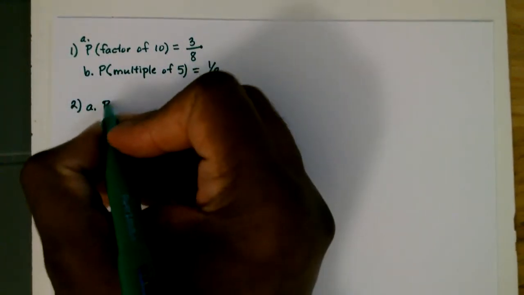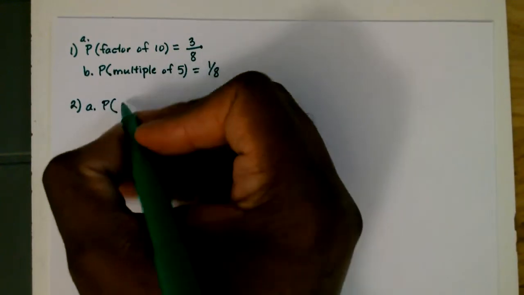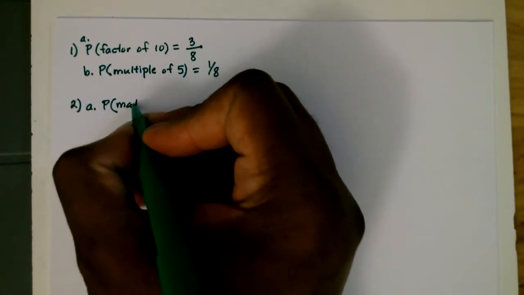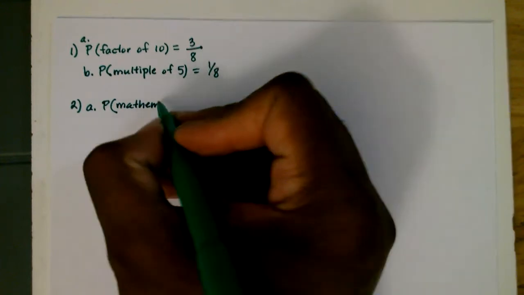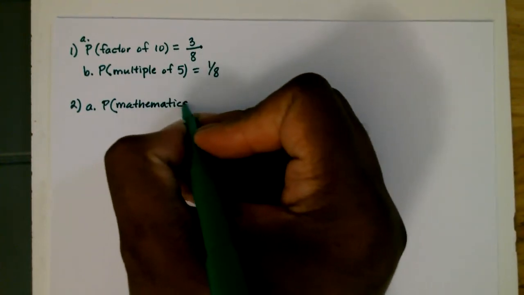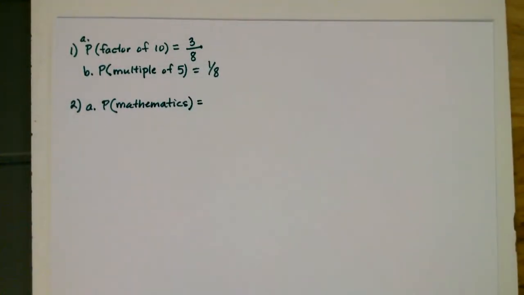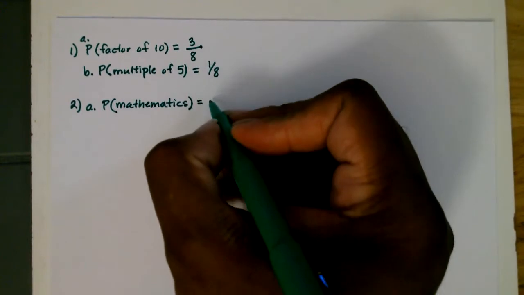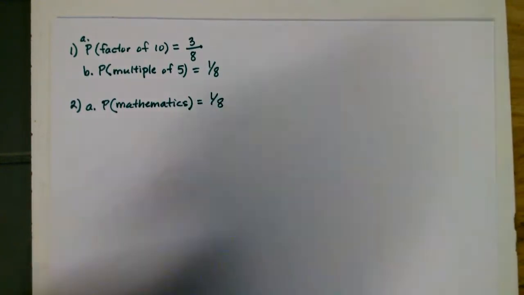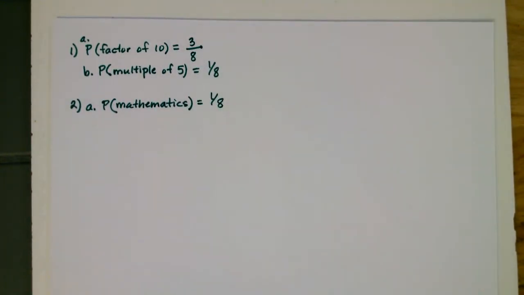There are 8 disks and only one of them is marked mathematics. So the probability of choosing a mathematics disk will be 1 out of 8.